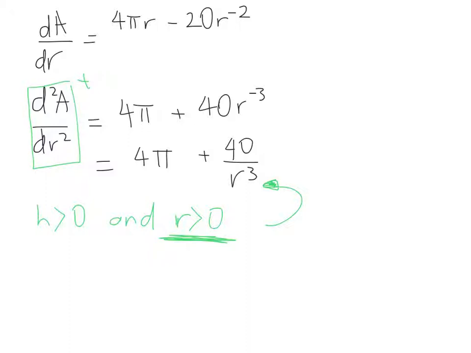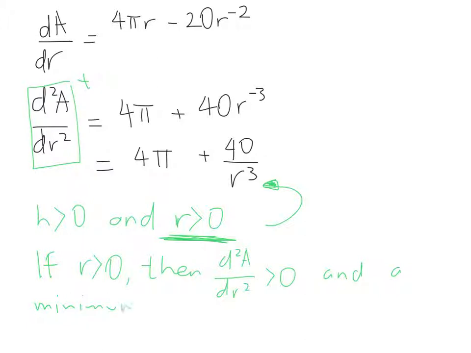So I know that if r is greater than 0, then d squared A on dr squared is greater than 0, and a minimum exists. That's because if my first derivative is 0 and my second derivative is positive, I've got a concave up section of the curve, and that's a minimum turning point, which gives me a minimum value for my surface area here.